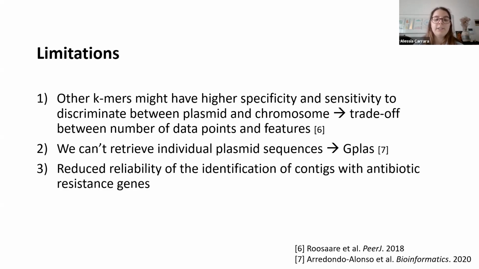The other limitation is that it has reduced reliability in the identification of contigs with antibiotic resistance genes. In fact, for contigs with antibiotic resistance genes, whether they are plasmid or chromosome-derived, it's quite problematic to retrieve them. The predictions are not so specific.